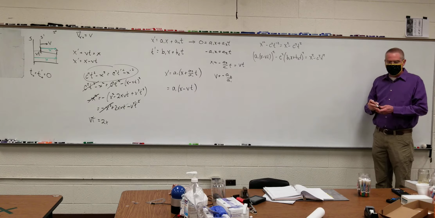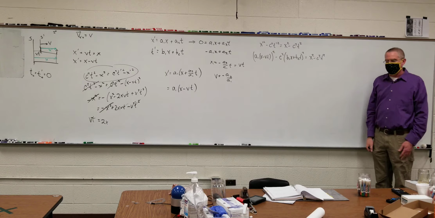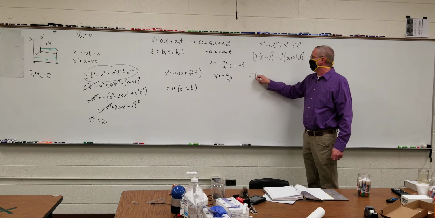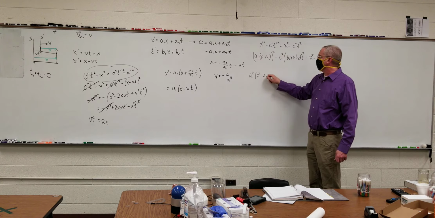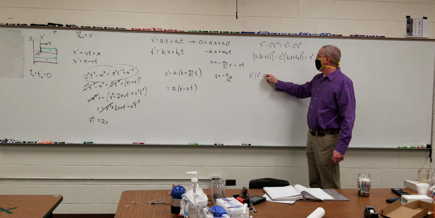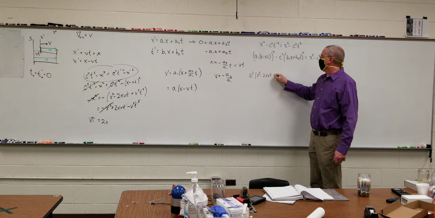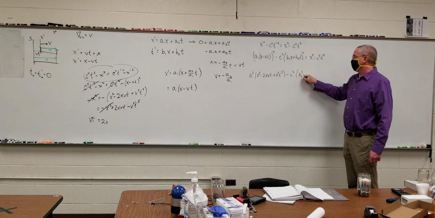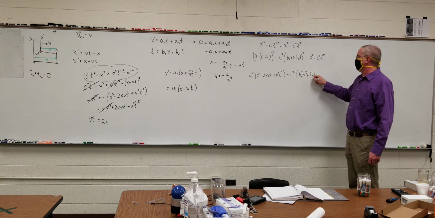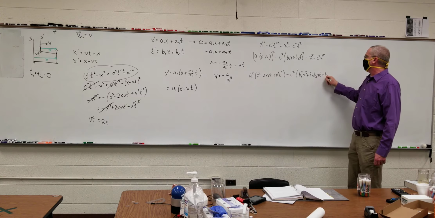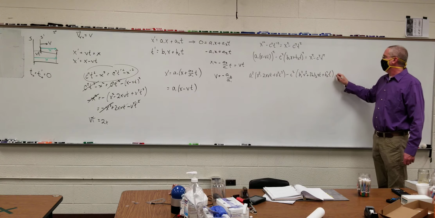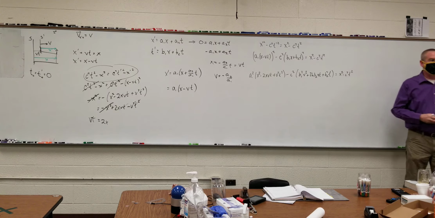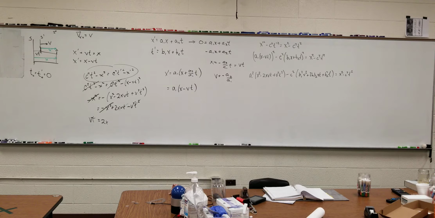And so now we just go through the brute force of squaring binomials. So this is a1 squared times x squared minus 2xvt plus v squared t squared, minus c squared times b1 squared x squared plus 2 b1 b2 xt plus b2 squared t squared, equals x squared minus c squared t squared. If I don't make a careless error while doing this, I'm just going to be shocked.